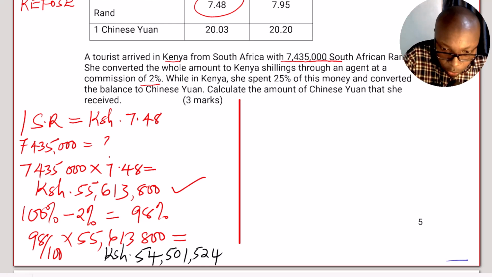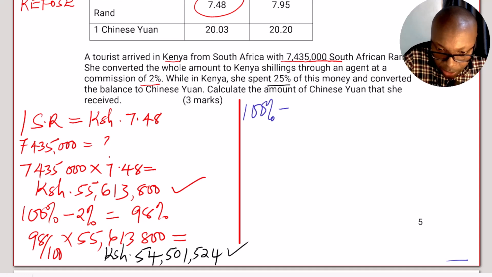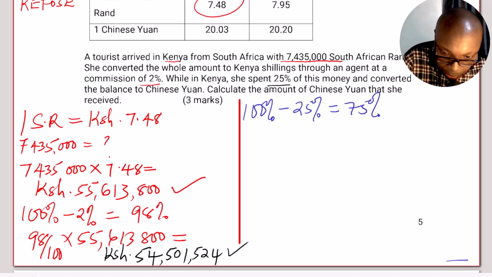Then from there, while in Kenya, now she has this amount. She spent 25% of this money and converted the balance to Chinese yuan. So after spending 25% of this money, she was left with 75%. So 100%, now she uses 25%, so meaning she was left with 75% of this money.